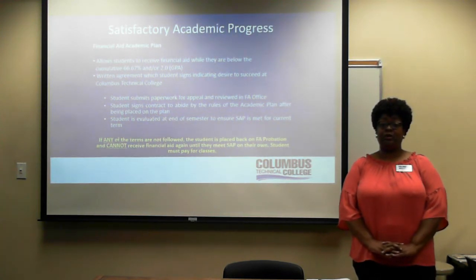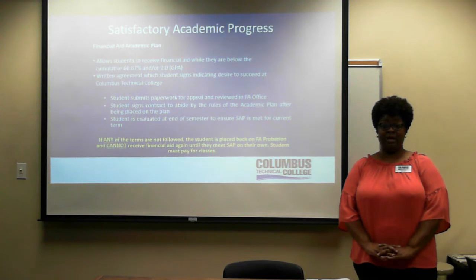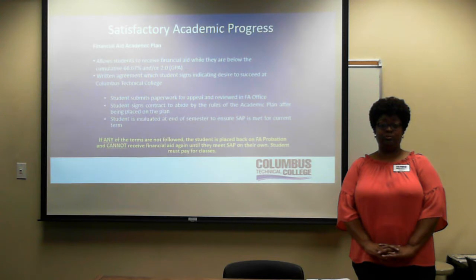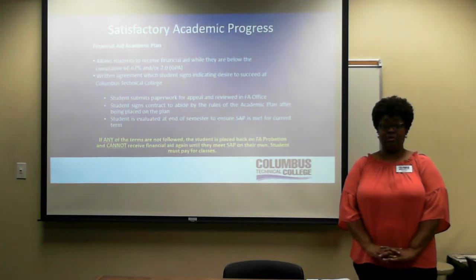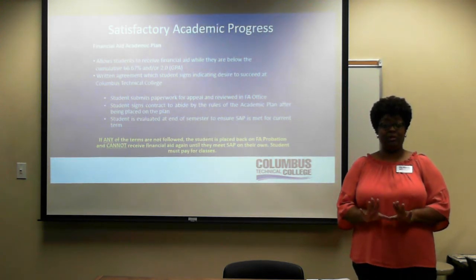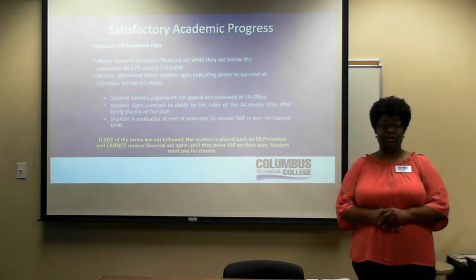But in the event that you find yourself not meeting that 150% rule, which is the third component of satisfactory academic progress, come to the financial aid office. Most times, in order to meet 150%, we ask them to change their major. And once they change their major, then their financial aid will begin again. But if you have any questions, feel free to come to the financial aid office.